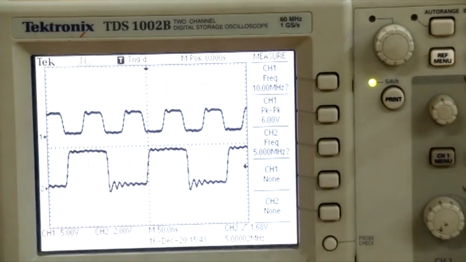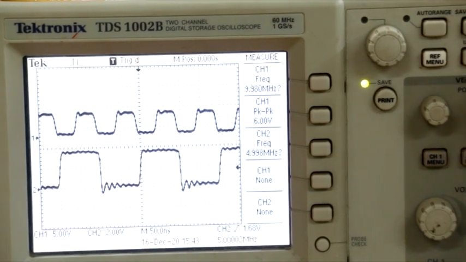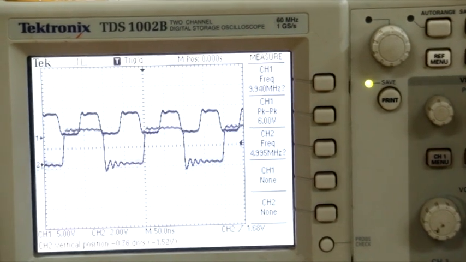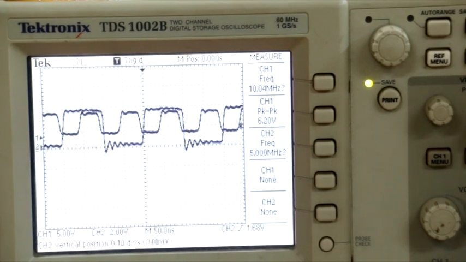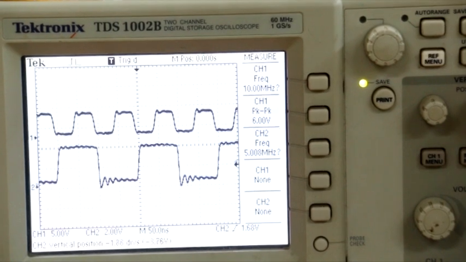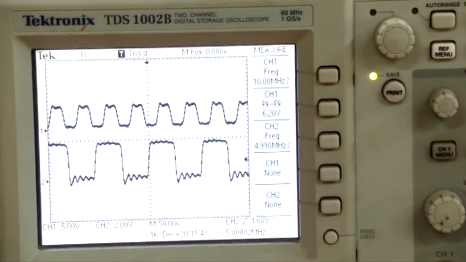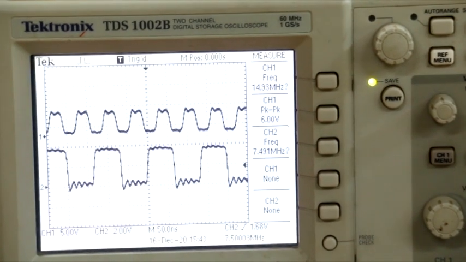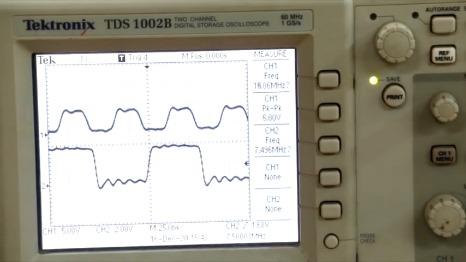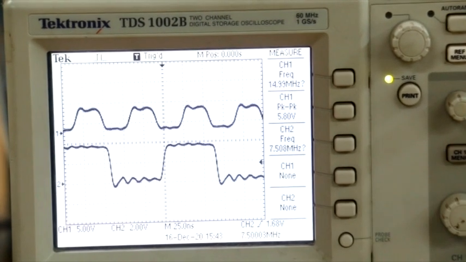The important thing to notice here is that it still looks reasonably good, and there is some propagation delay, which we'll talk about a little later. Right now it is 10 megahertz. Let me now go to 15 megahertz. The input frequency is 15 megahertz, and you can see that it's okay, but the ringing on the line is increasing.